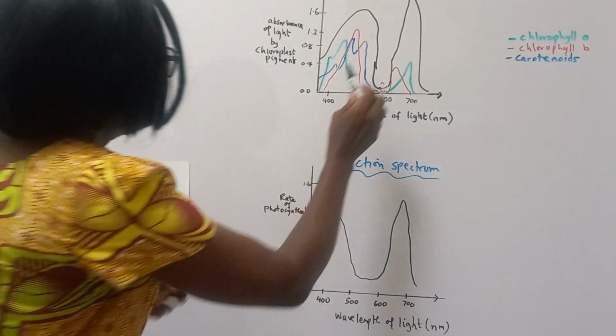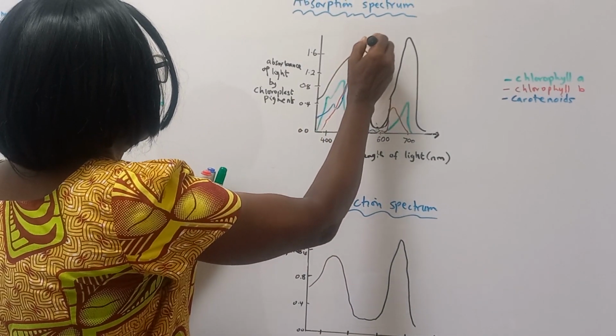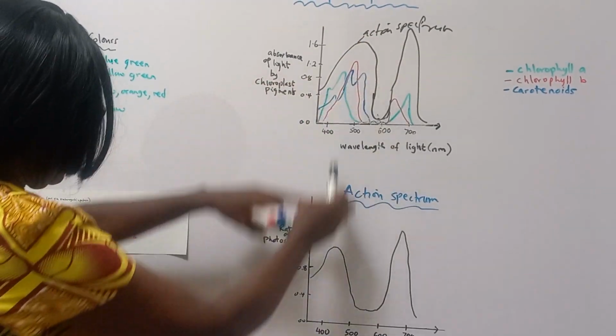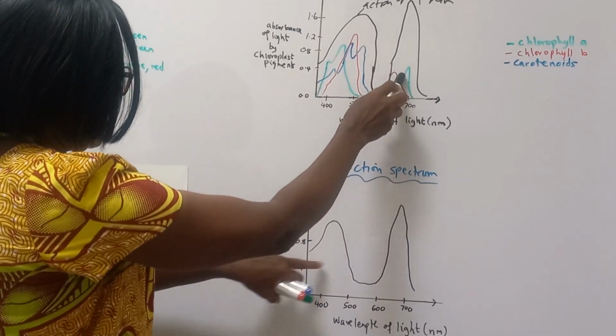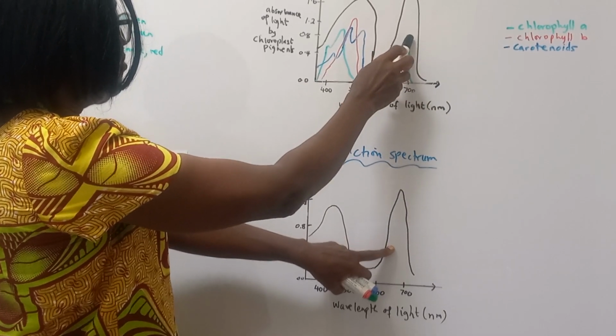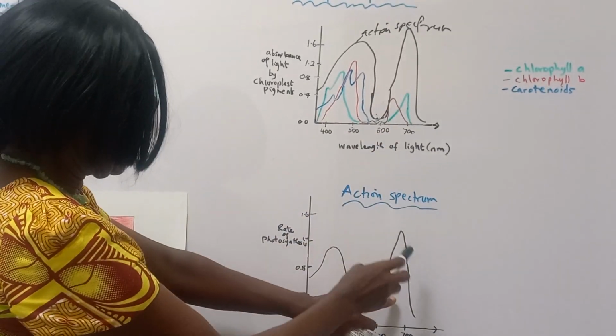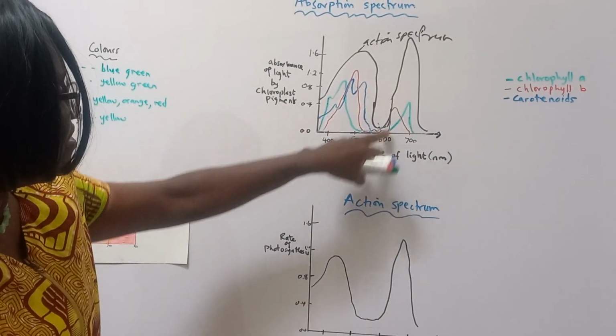Here it agrees with the absorption spectrum so much, but what about this side, which is so much raised up? The action spectrum on this part is greater than the absorbance spectrum. Can we give reasons why?